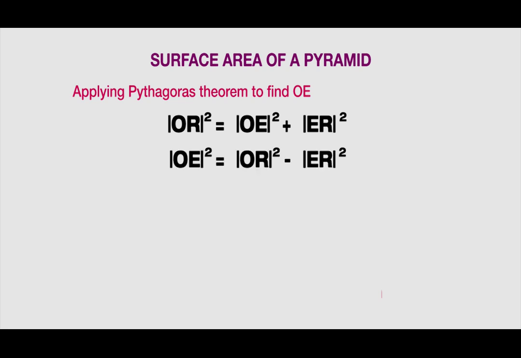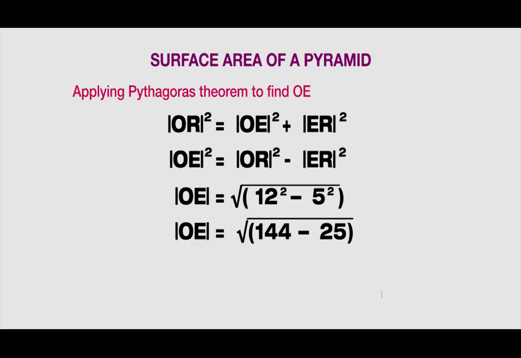That means OE squared is equal to OR squared minus ER squared. If you do our substitutions, we have the length of OE equals square root of 12 squared minus 5 squared. And that will simplify to OE equals square root of 144 minus 25.